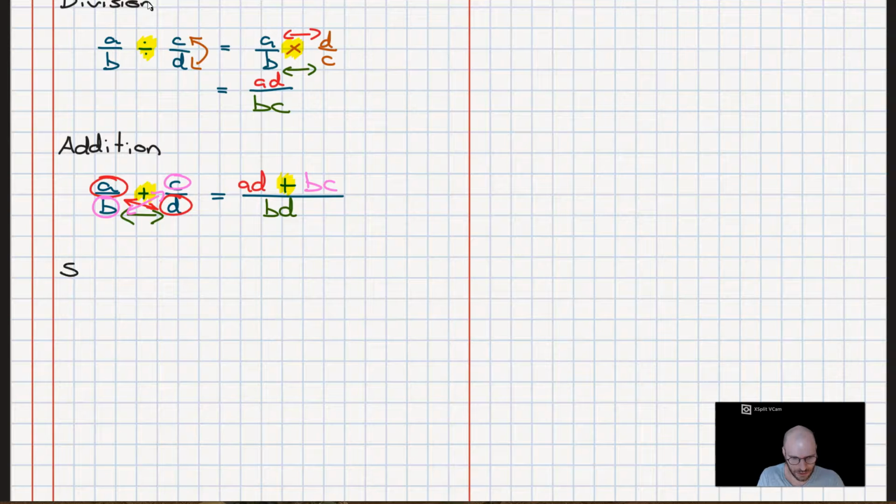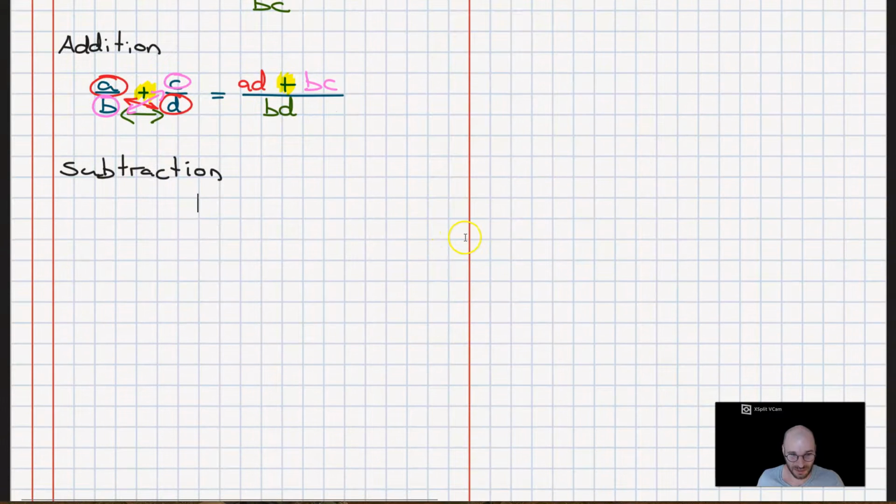Now let's look at subtraction. Now the good thing about subtraction is it's pretty much the same as addition, but the sign is different. So we'll go A over B take C over D. And the way in which we're going to do this is same as addition. We're going to look at our two denominators, and we're going to say that that is now B times D, like so. Then I'm going to look at the symbol, and it's minus. So I'm going to get that minus, and I'm going to throw it up top here.